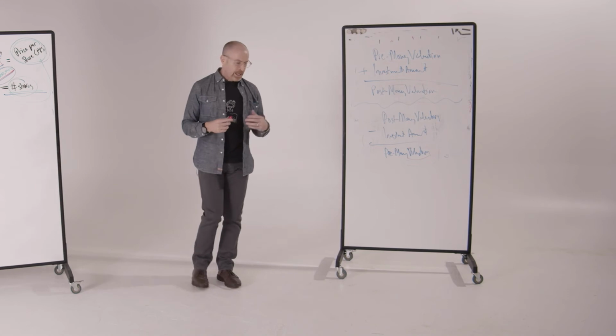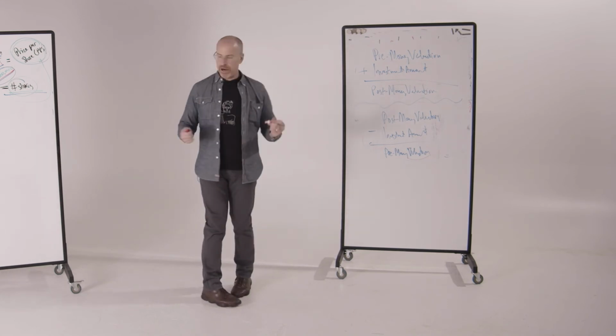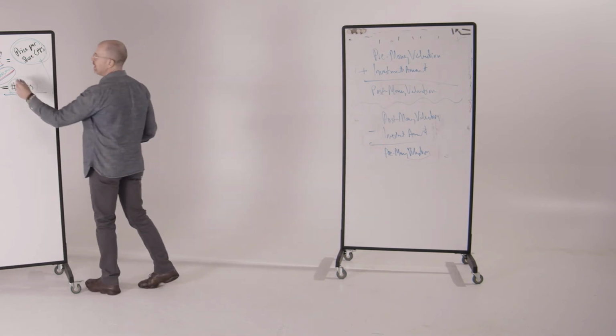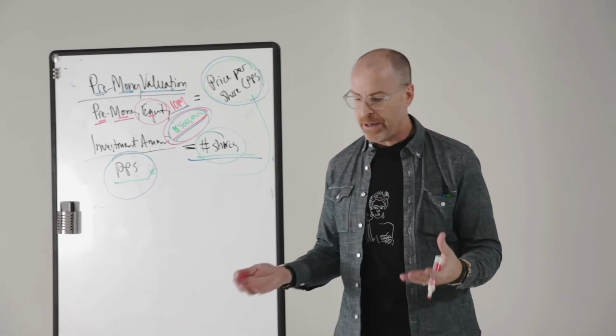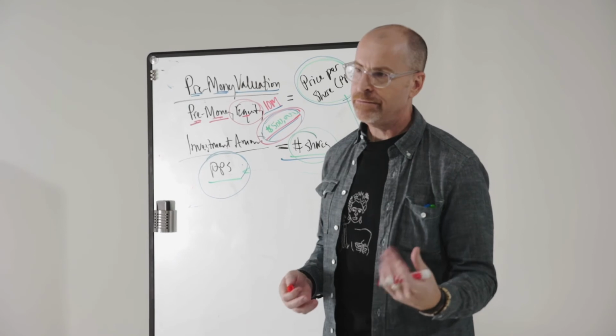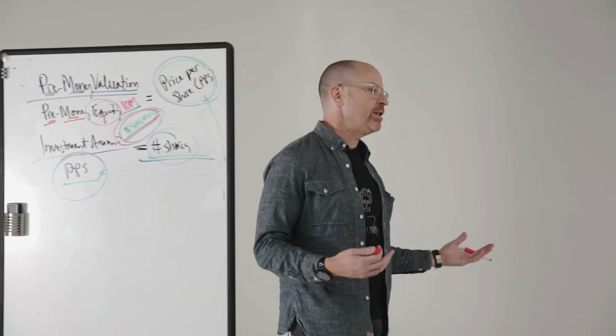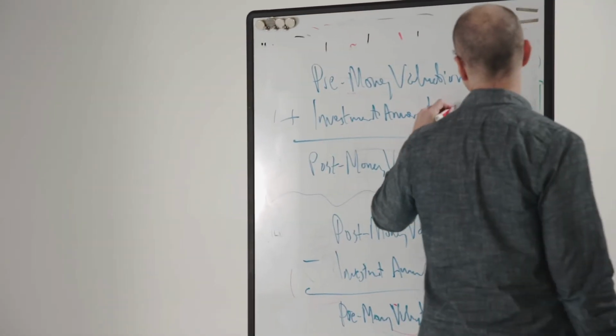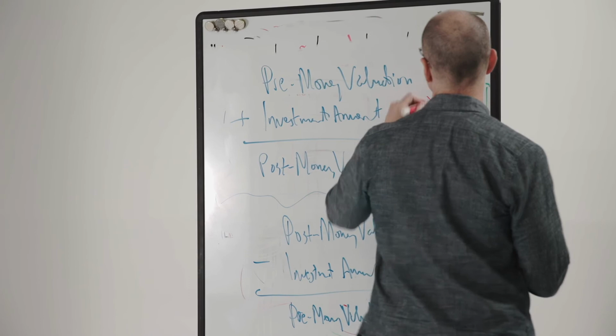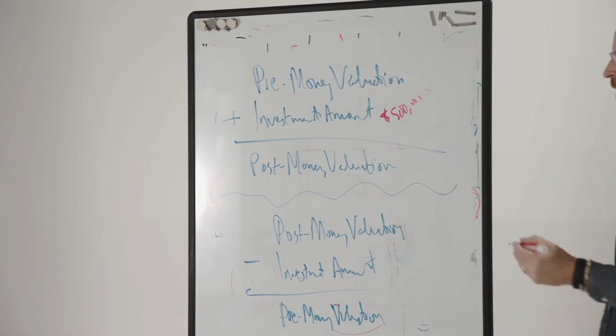Well, in the example that we've been playing around with, the investment amount is $500,000. So if my client is the company, the founders will call me, or if my client is the investor they will call me, and they will say, I'm investing $500,000 into this company, and I'm buying 25% of it.